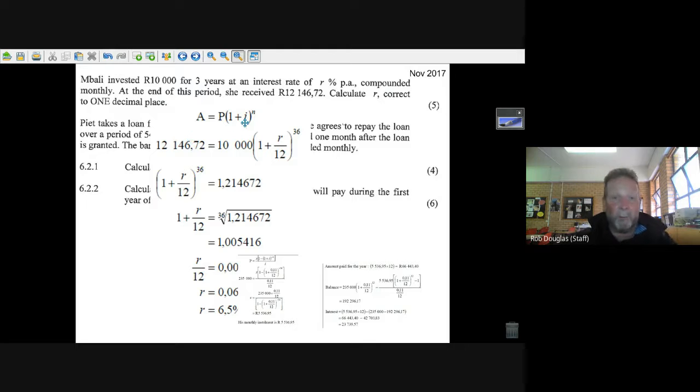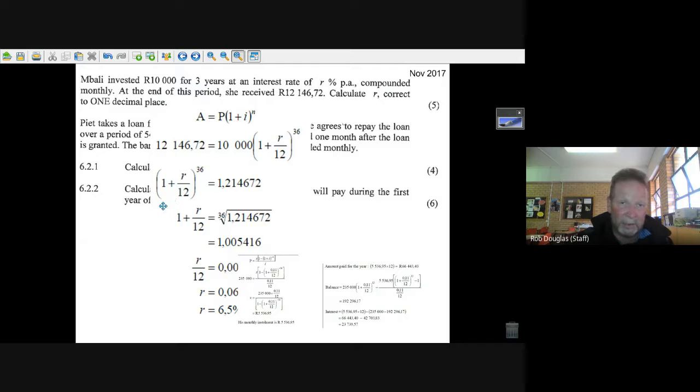You know, it's just compound interest. Then you just put in the money she started with and the money at the end, and we're solving for R. Well, just divide by 10,000, you get 1.21467. Now we've got this 1 plus R over 12 to the 36th power. We want to get rid of that power, so you take the 36th root in your calculator of both sides.